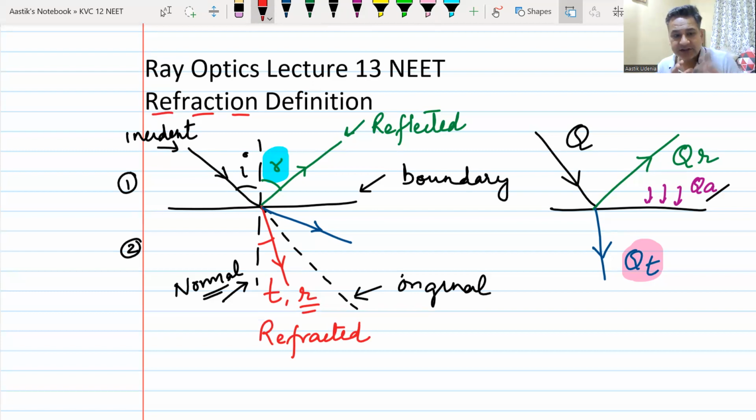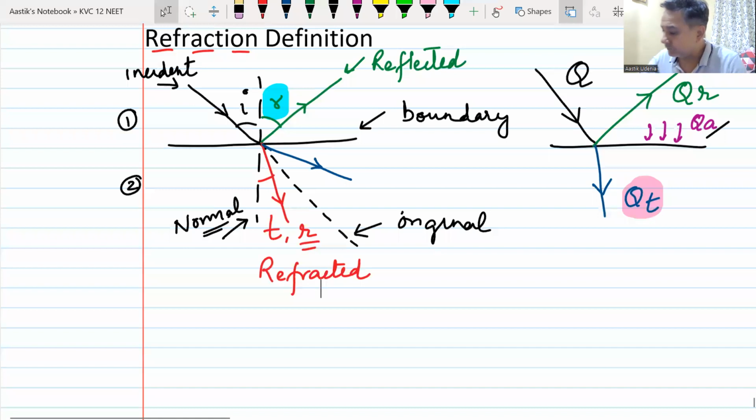Why does refraction happen? When light moves from one medium to other medium, what all things change and what all things remain the same? Any idea? Note it down.